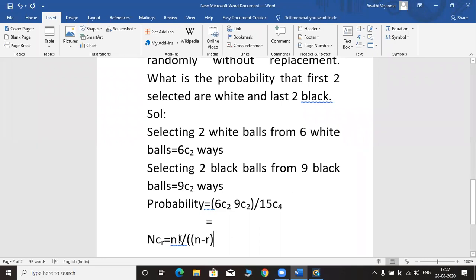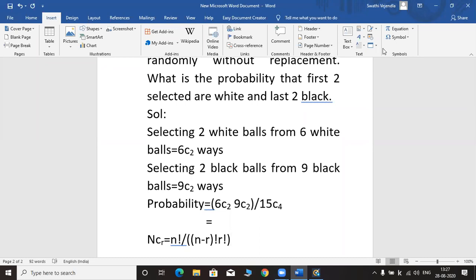You can copy the same symbol, or you may take it from symbols. n minus r factorial into r factorial. You can close the bracket. So according to this formula, try to solve the problem and tell me the answer.